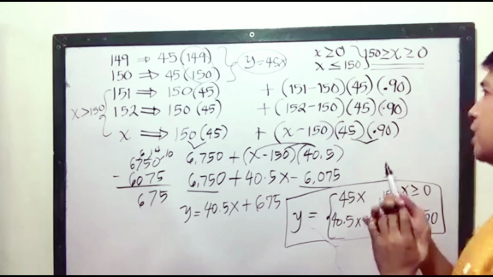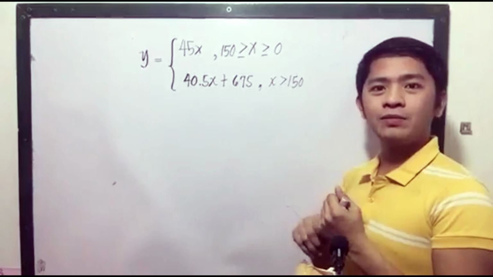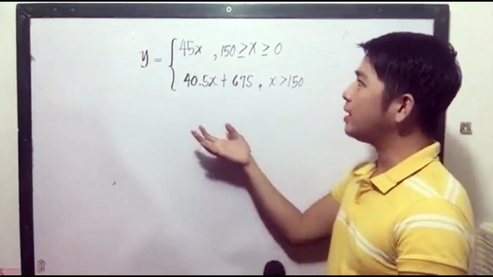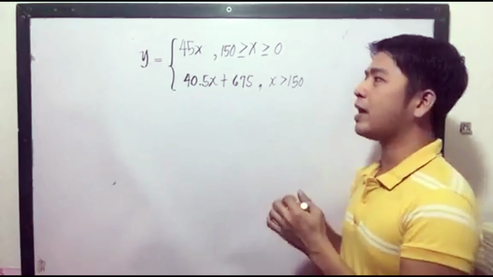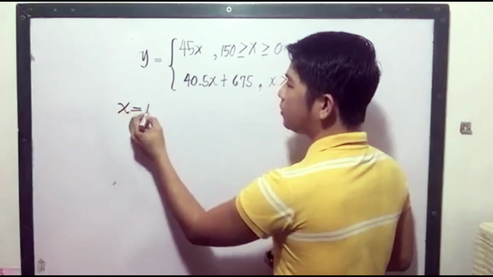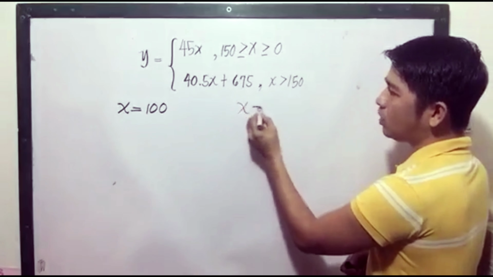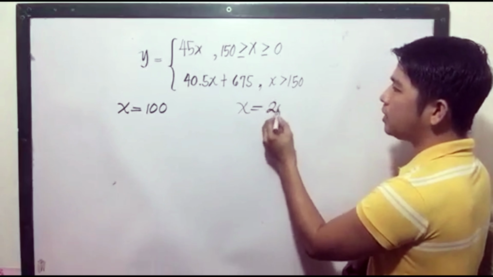Okay, let's test it now. Let's check if the formula we got, our piecewise function, is correct. We will check if x is equal to 100, if 100 kilos will be bought, or x is equal to 200 kilos.